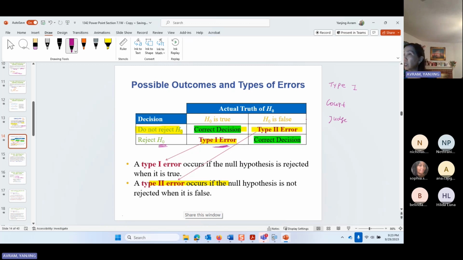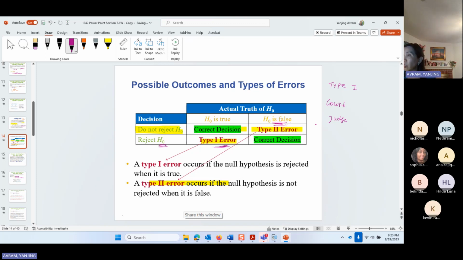But when the person is not innocent, that means when the innocent claim is false, so the person is guilty, and the judge says yes, you go to jail, that is the right decision.